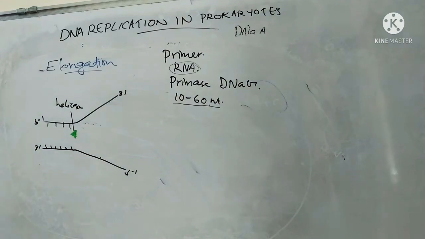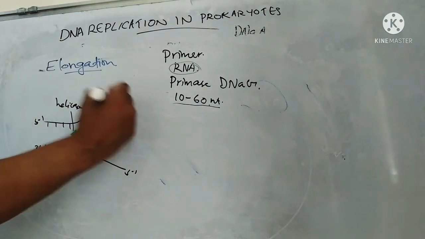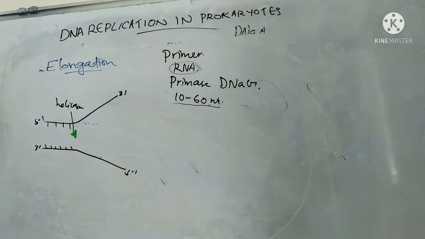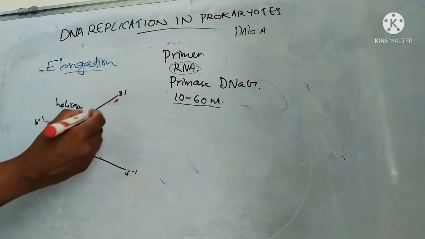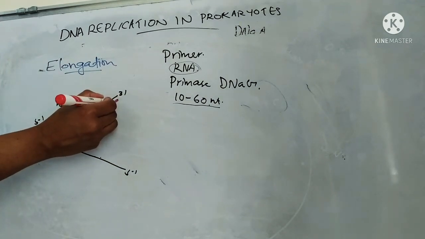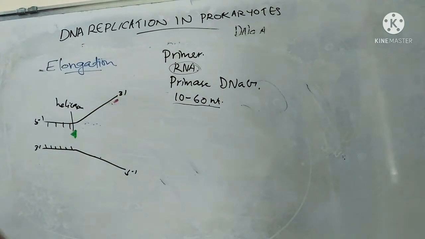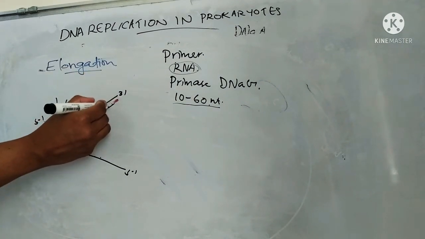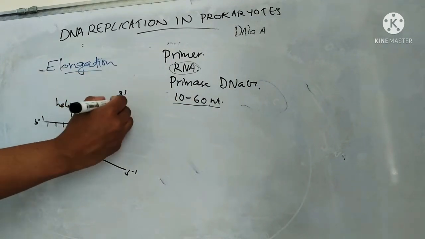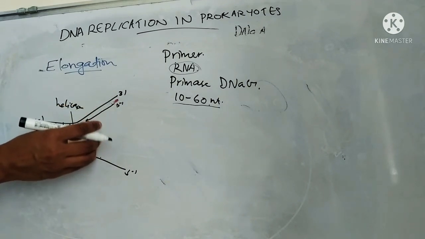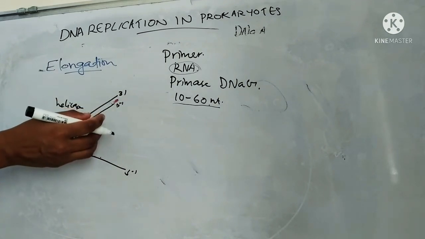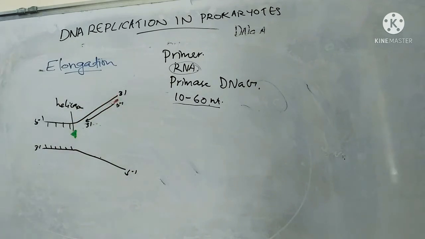Then there will be addition of primer. This is primer, and here the new strand will be synthesized in the 5 prime 3 prime direction. That means DNA polymerase can add nucleotides in 5 prime 3 prime direction, and it will be here like this.